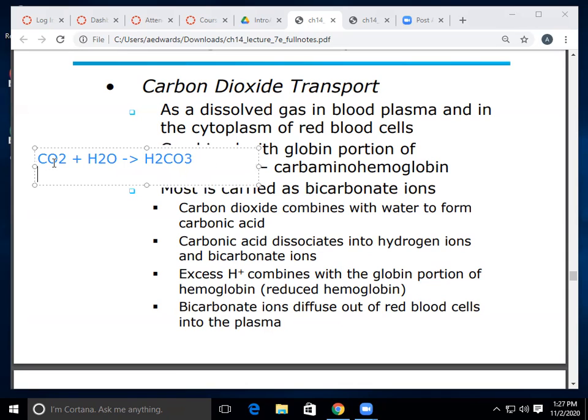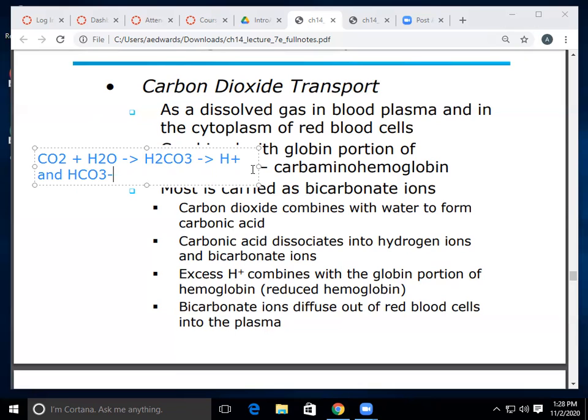H2CO3 is going to dissociate into H plus and HCO3 minus. H plus combines with hemoglobin. Bicarbonate diffuses out of the red blood cell, goes into the plasma.